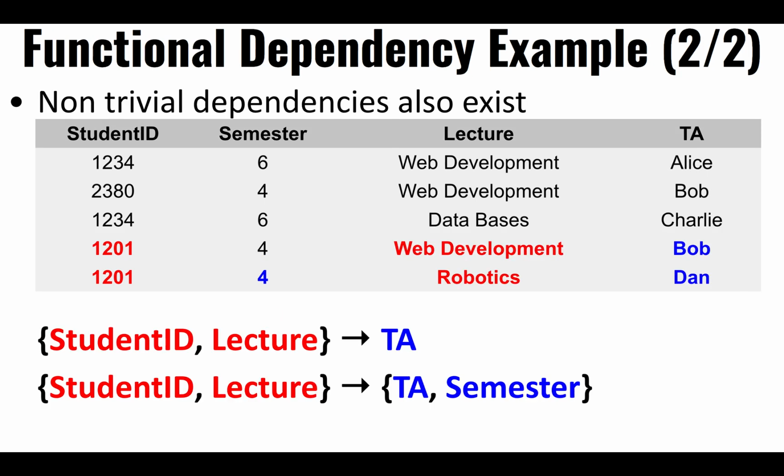Here's another one. If you know the student ID and you know the particular lecture, then you know who the TA is. Or you might also know that a particular lecture or a particular course is only taught in a particular semester, only in the fall, or only in the spring, and only for sophomores, or only for freshmen.